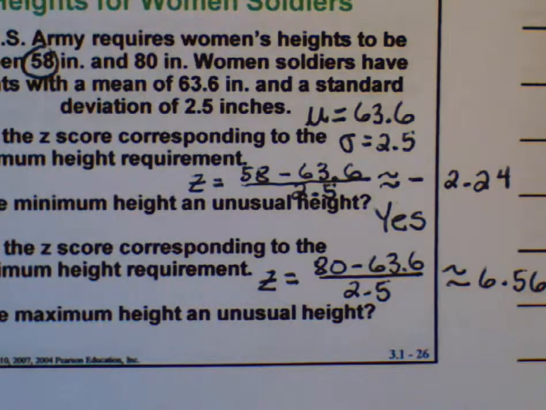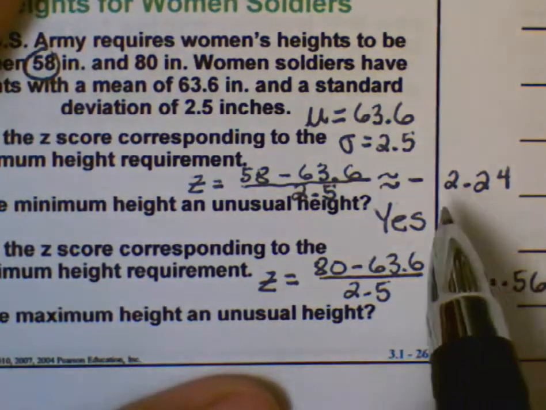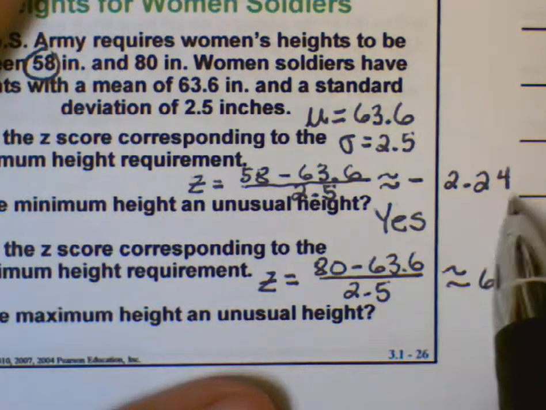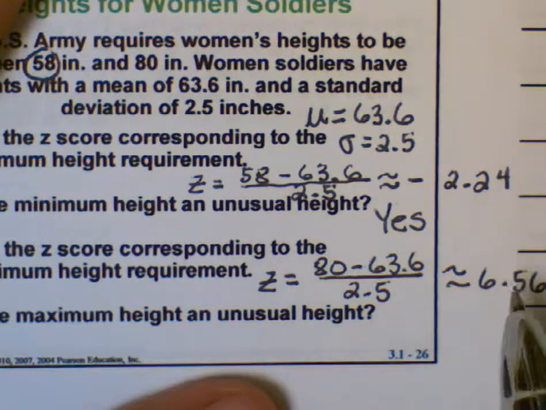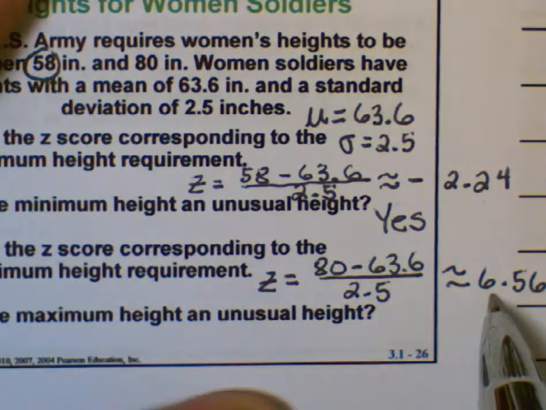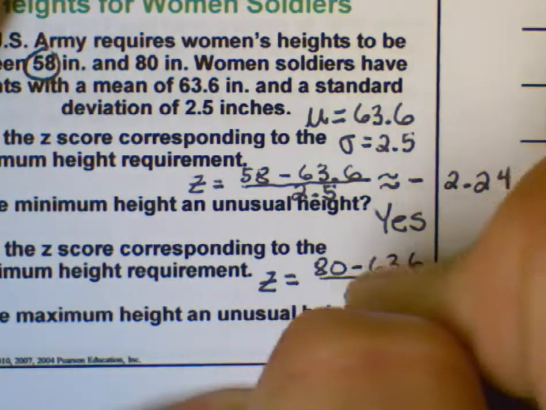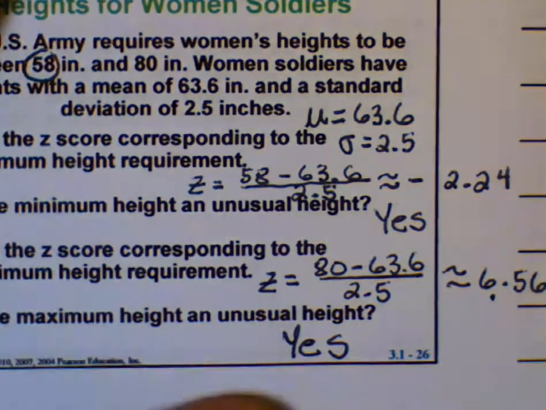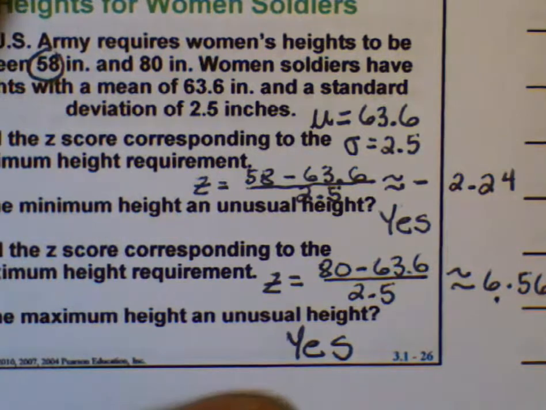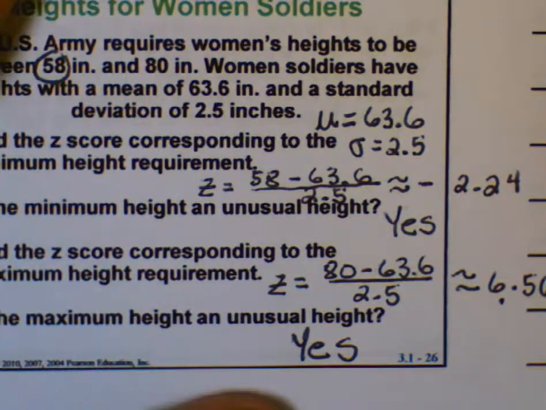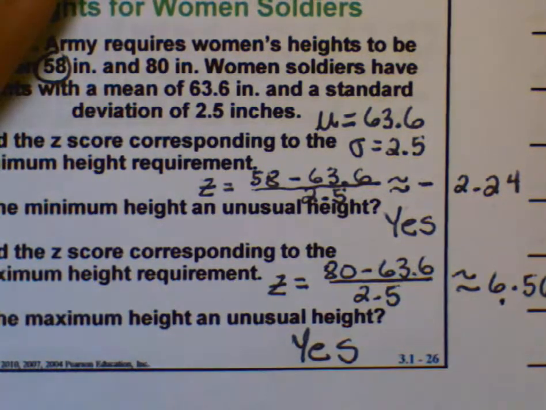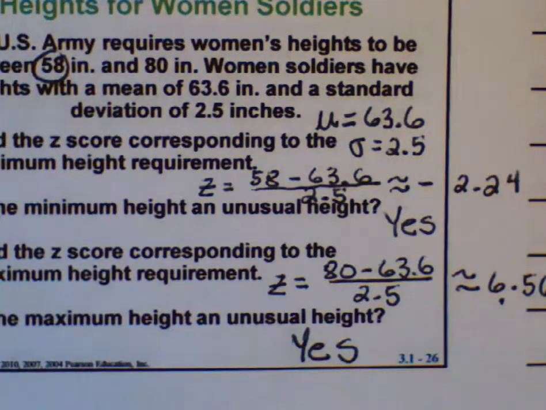That's even more unusual than a z-score of negative 2.24. This is just barely outside 2 standard deviations from the mean. This is 6.5 standard deviations from the mean. An 80-inch tall woman soldier is very, very unusual. Almost 7 standard deviations from the mean.